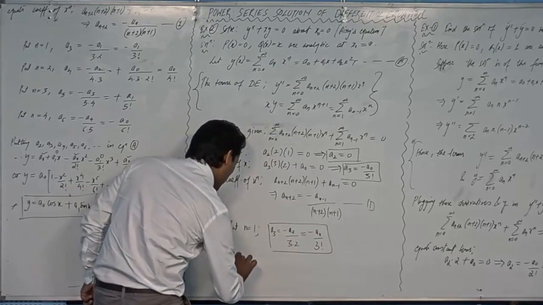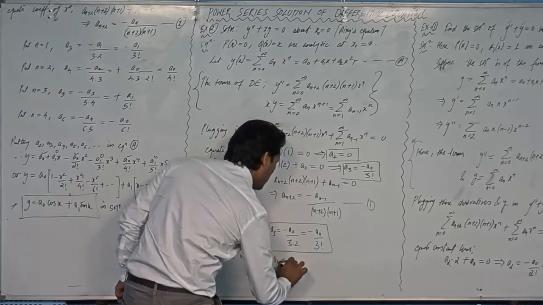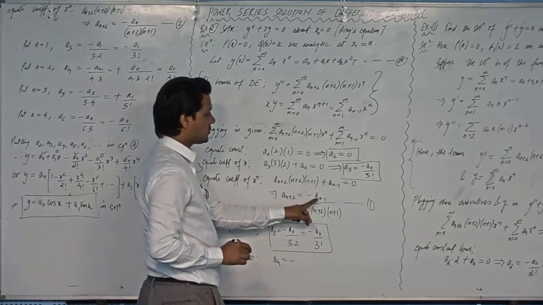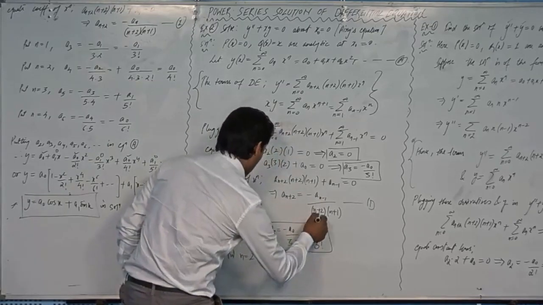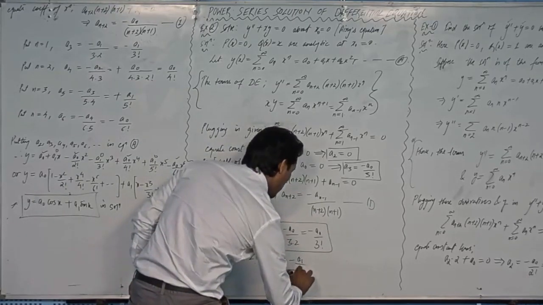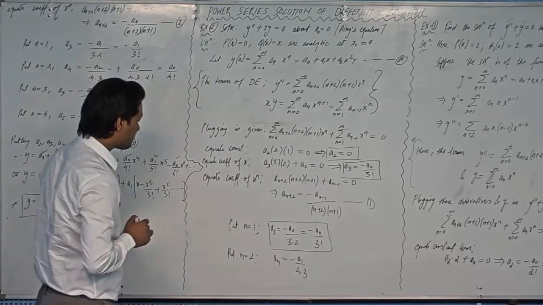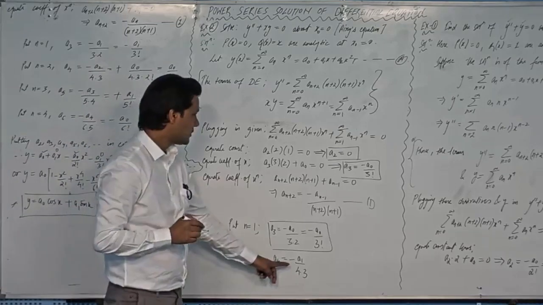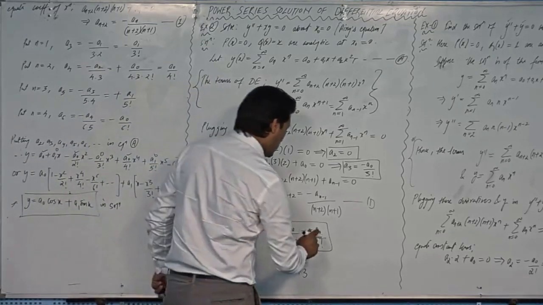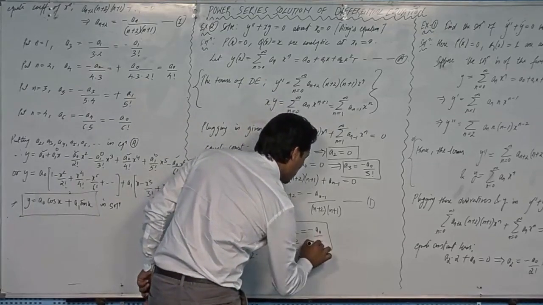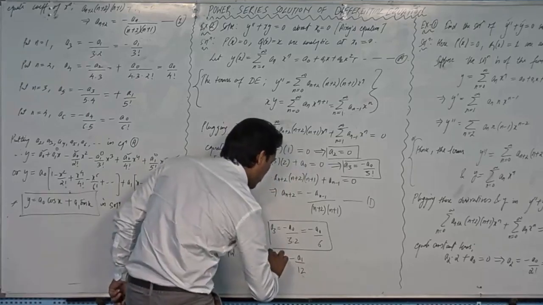And putting n equal to 2 in this equation number 1 will give you a4 equal to minus a1 over 4 into 3. Am I right? Yes. But that cannot be written in terms of factorials, so rather I should write it as 12, because it cannot be generalized. Okay, a4.